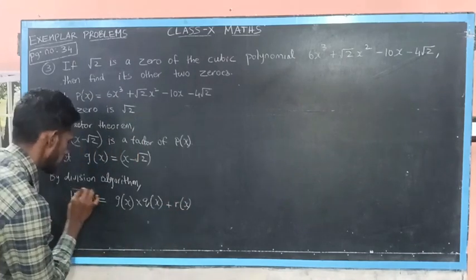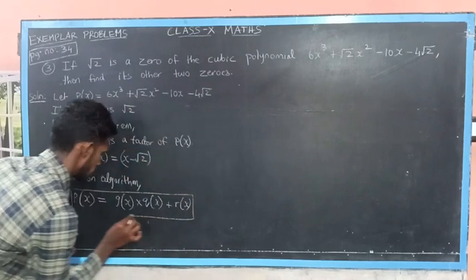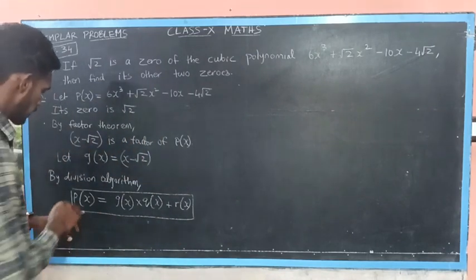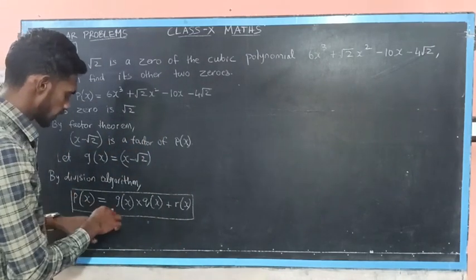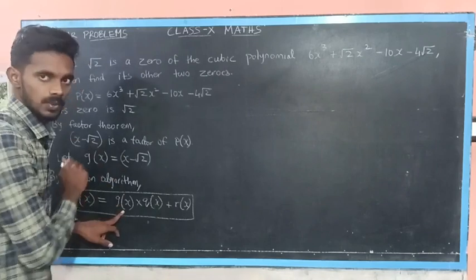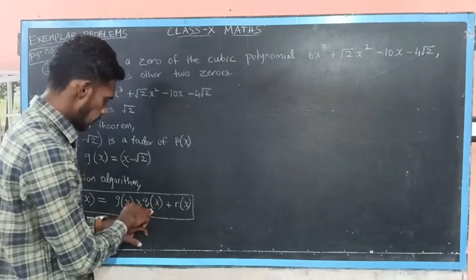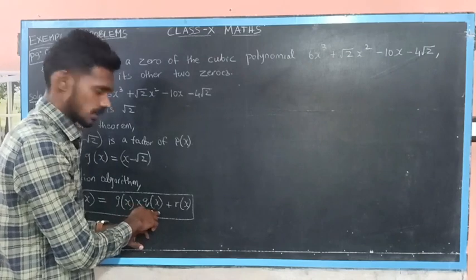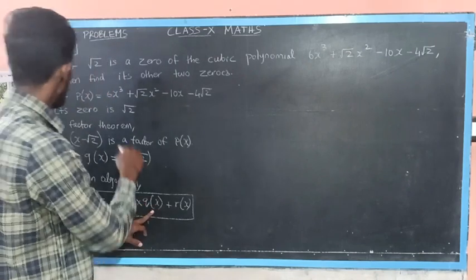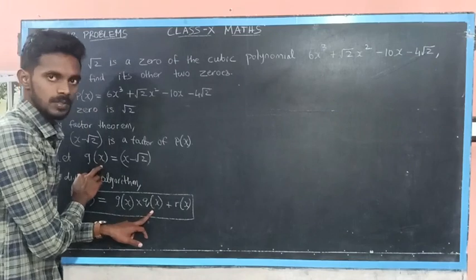Now we are going to find the polynomial q of x, that is the quotient polynomial when p of x is divided by g of x.